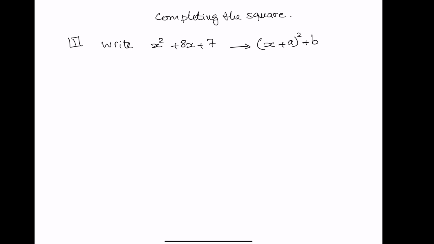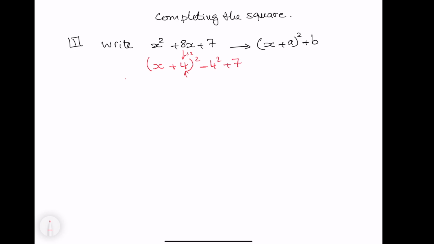So what you have to do, let's use a red pen. You have to open bracket and then write x plus a, but a is half of 8, so divide by 2. So 8 divided by 2 is 4, squared, and then minus this number 4 squared, and then add 7.